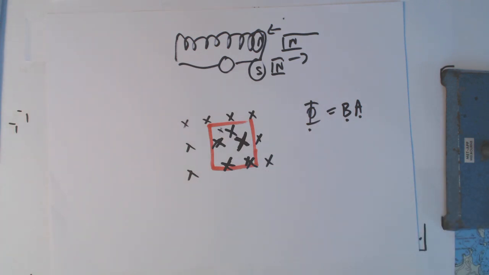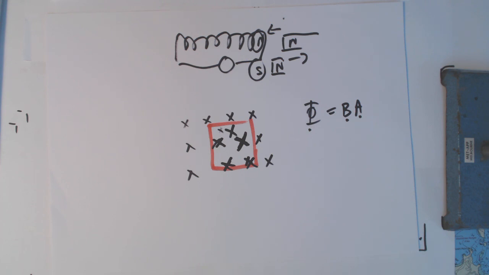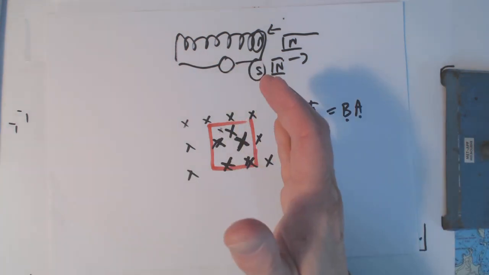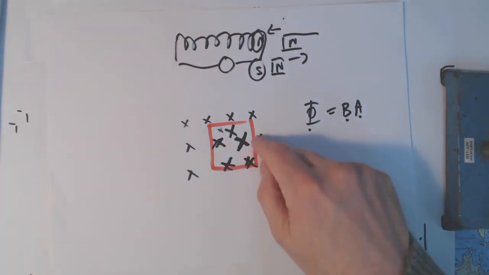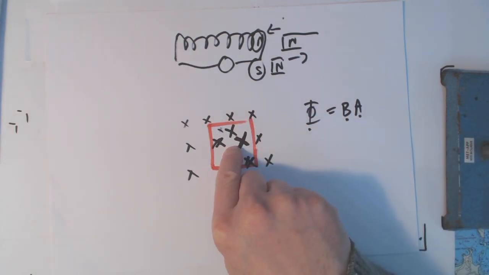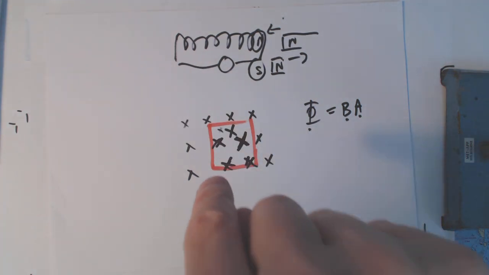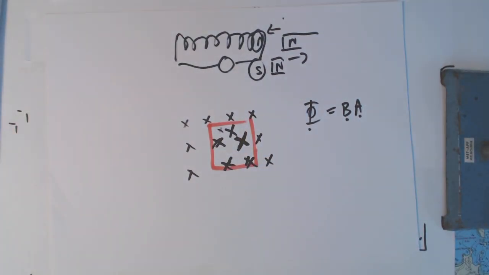Now, how can it decrease that field? Well, if it could produce a field coming out of that loop, then it's going to counteract the change of the X's getting bigger. So you use your right-hand rule to figure out which way a current flows around this red wire to oppose the change. So if I want to oppose the X's getting bigger going through, then I need to produce a field coming out.